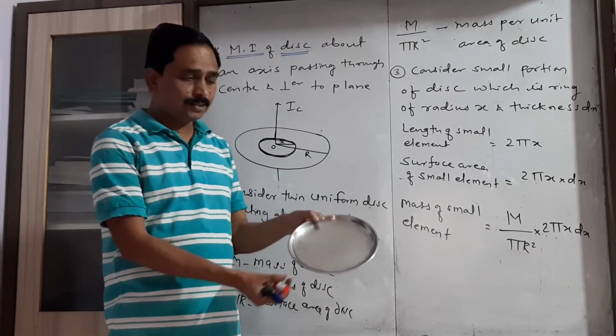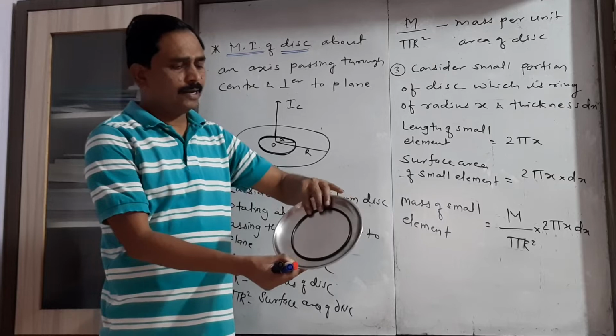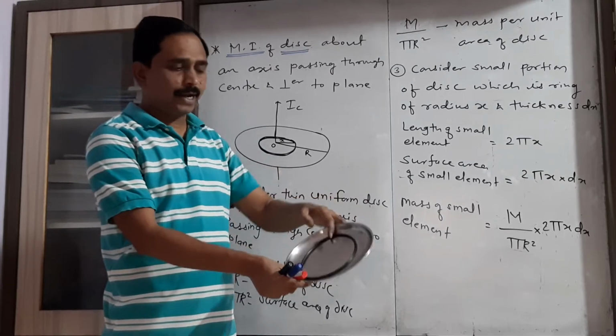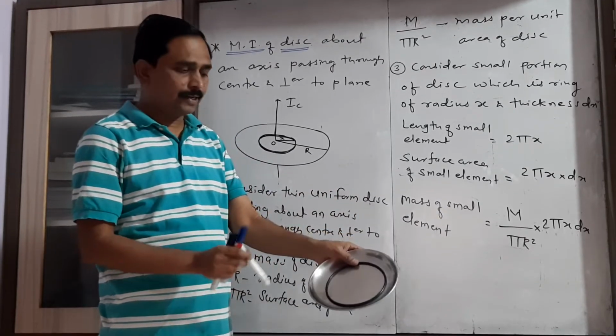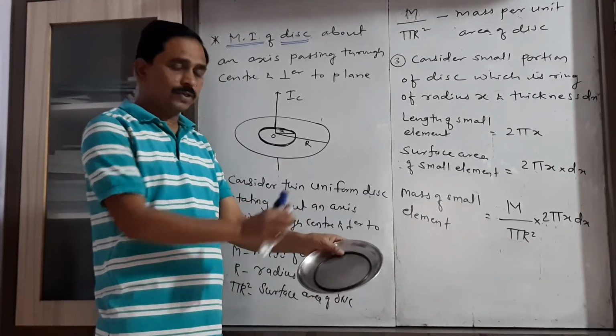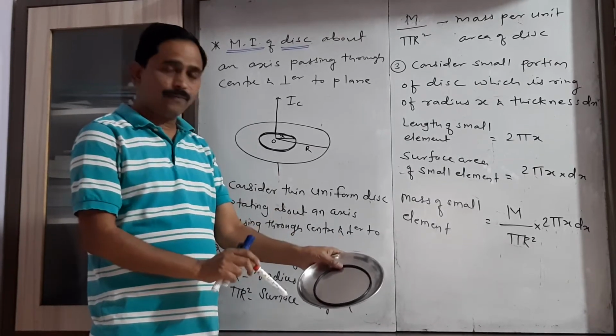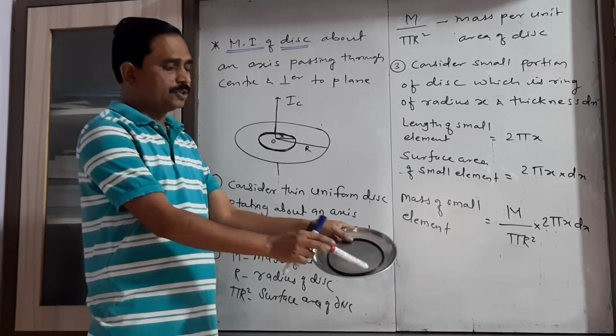Now, if we cut this disk into number of parts, then it will be observed that we can cut this disk into number of rings. So that is why, what is our assumption about the disk? This disk is made up of large number of such rings.